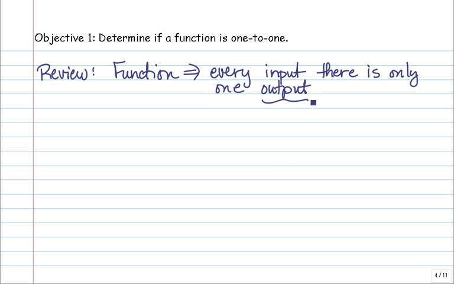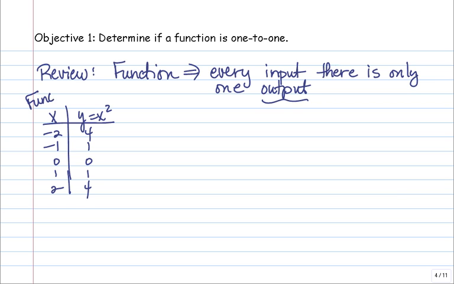In other words, those output values could repeat, just like if we had the squaring function. Like if we put in -2, -1, 0, 1, and 2, and we squared it, we get 4, 1, 0, 1, 4. Okay, so this is a function. But we're going to talk about that it's not a one-to-one function.